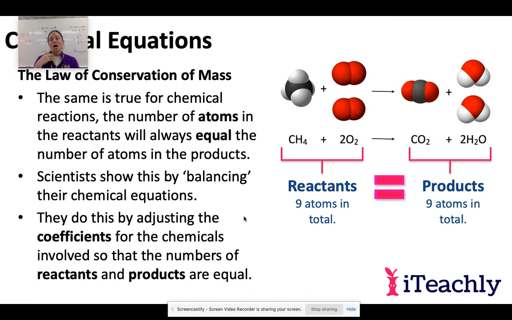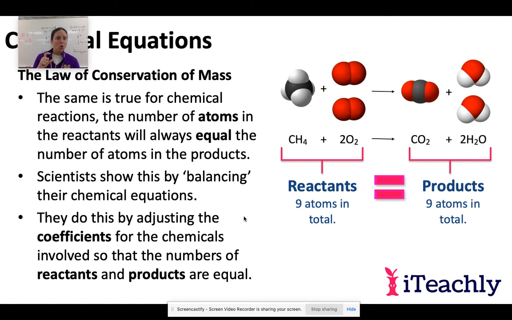I need 2 cups of water. The cups tells you how much water you need. The coefficient tells you how much you need. How many molecules do you need in order for this to happen? Because as we all know, if you don't add enough sugar to your Kool-Aid, it tastes terrible. You all know if you screw up your measurements in baking a cake, the cake is going to taste terrible, right?